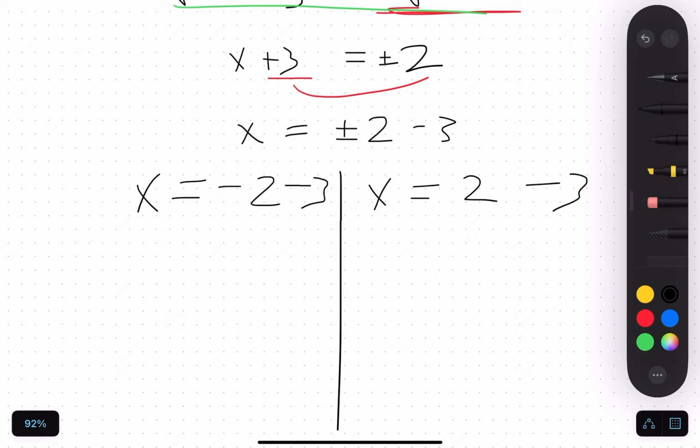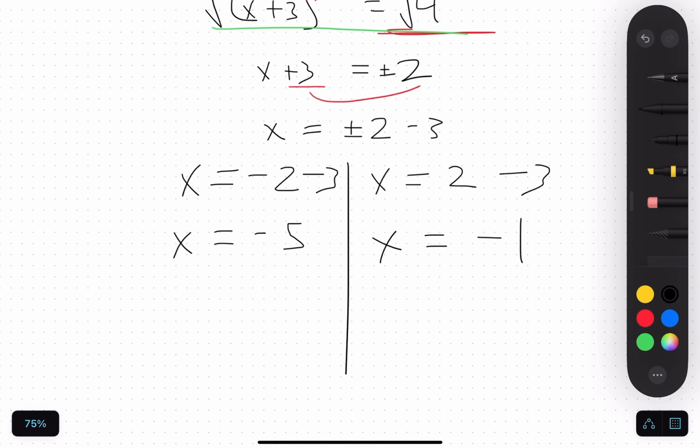Then we just solve. What is -2 minus 3? That is -5. And here, 2 minus 3 is -1. There's your answer: x equals -5 and x equals -1.